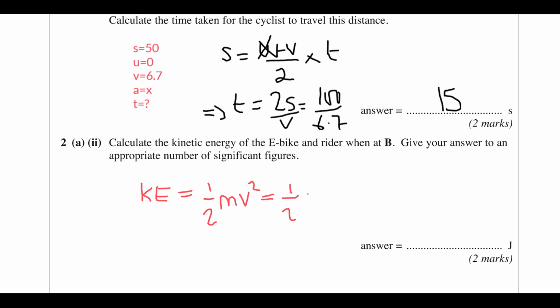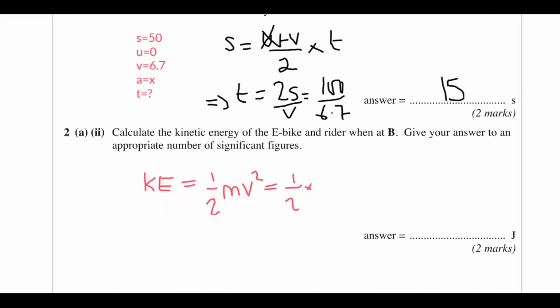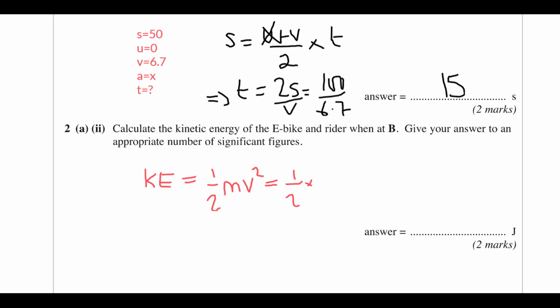So it's half times the mass, which was 83, times by 6.7 squared, which comes out as a value of like 11862 and so on. So that's going to be rounded to 2 sig figs. So that's 1.9 times 10 to the 3 joules to 2 significant figures, which we can see here.